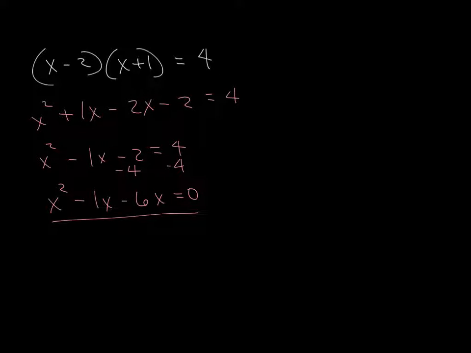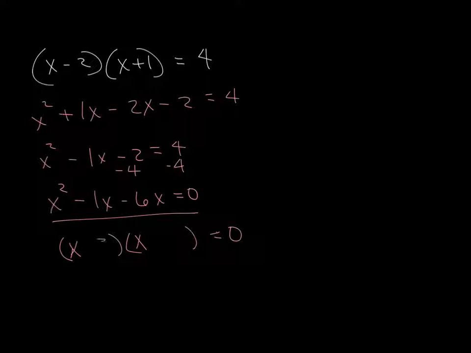Now I'm in the position where I can make 2 parentheses and set it equal to 0. So I've got an x there and an x there. I'm looking at 2 numbers multiplied together give me negative 6, added give me negative 1. So 3 times 2 is 6, and the difference between 3 and 2 is 1, so those are the numbers I'm going to use, 3 and 2.